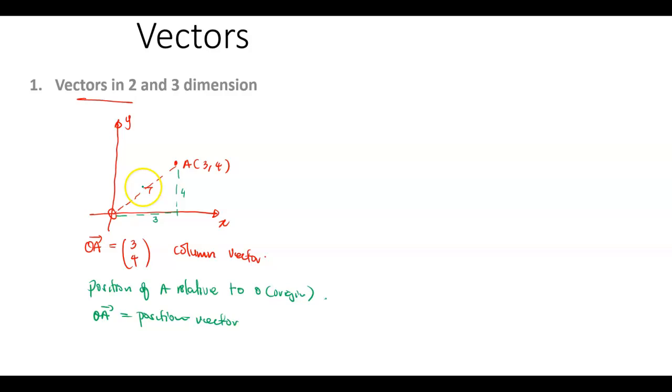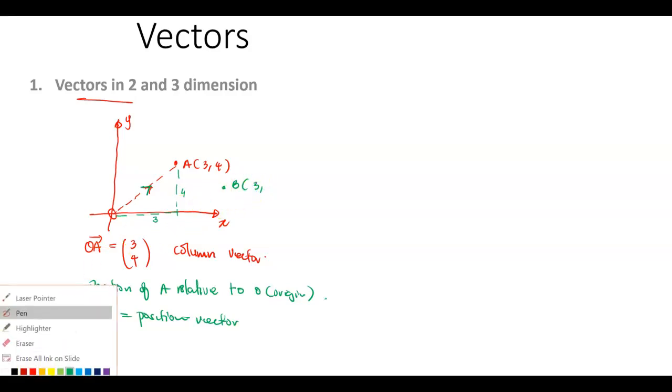As you have seen before, you always have an arrow to show the vector, starting from O to A. I can even have another vector. Say this is the point B over here. Maybe this is a point (3, 3), but that's too close, so I'll erase that and use another point here.